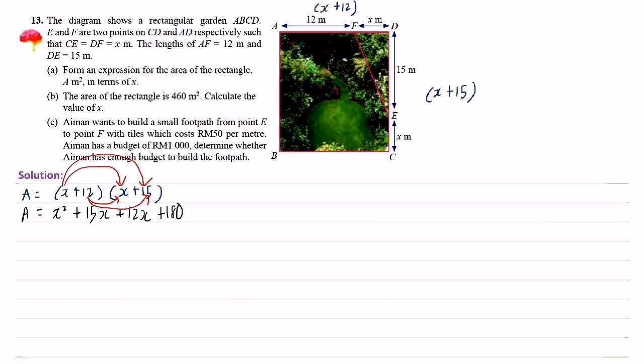Okay, so we add the like terms here. A equals S squared plus 27S plus 180.